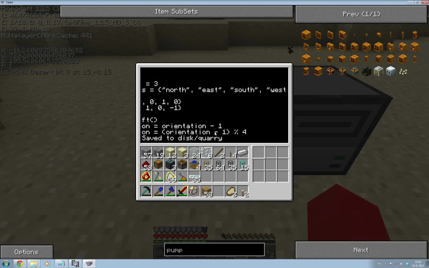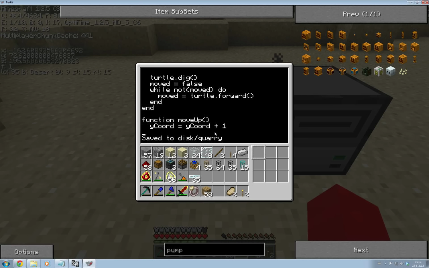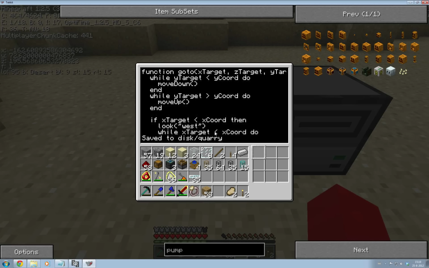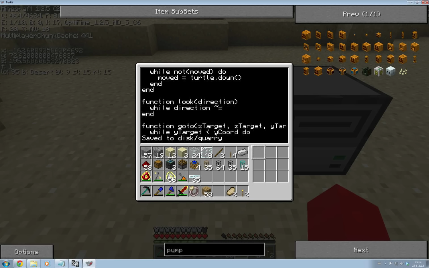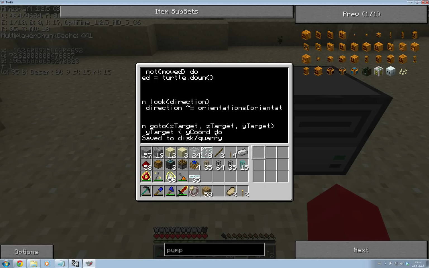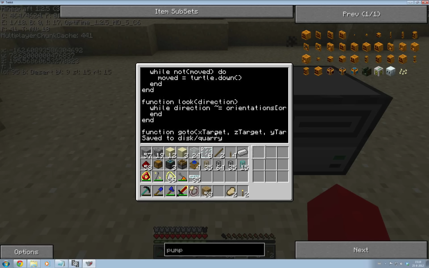So we can check whether we are currently looking west or not. There we go. So if the direction we want is not equal to orientations, our current orientation, then we need to look in a certain direction.